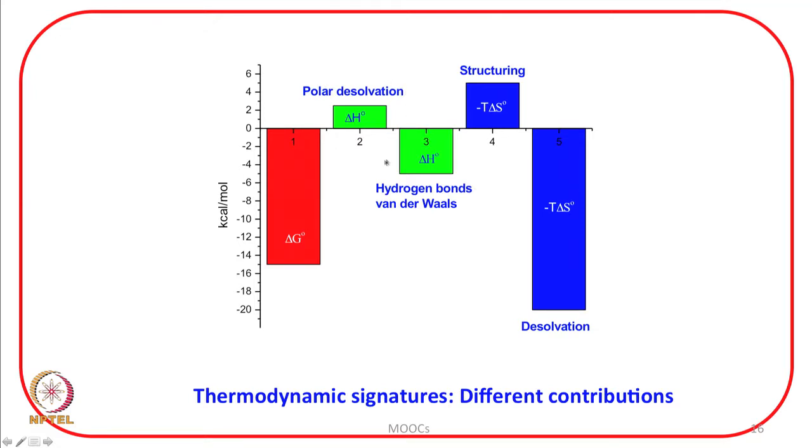We discussed how polar desolvation can be costly and how hydrogen bonds and van der Waals interactions can contribute to the negative value of delta G. Desolvation can also contribute to a negative value of delta G naught, while on the other hand structuring can lead to some penalty.